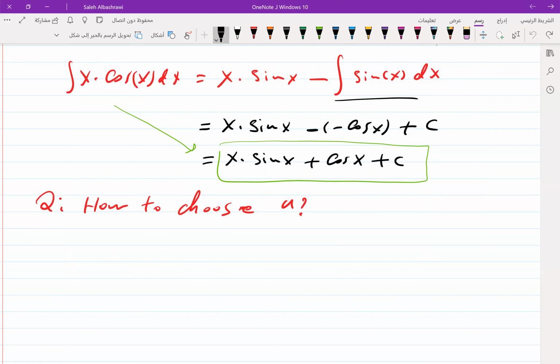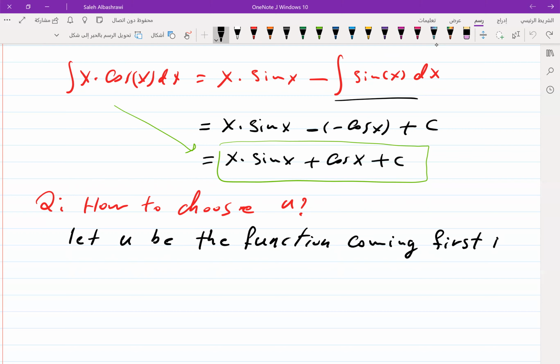We say let u be the function coming first in the list.